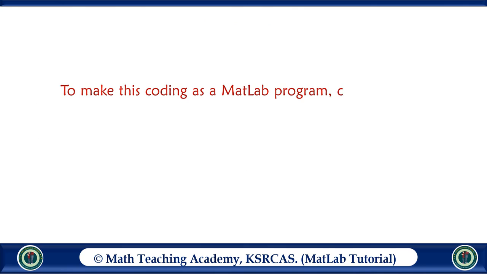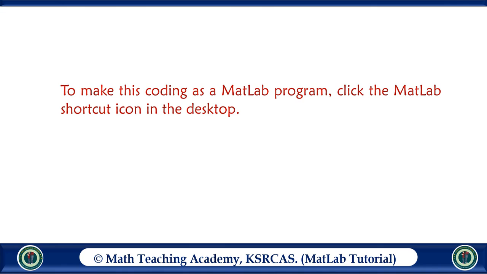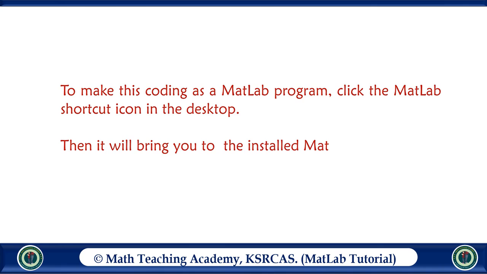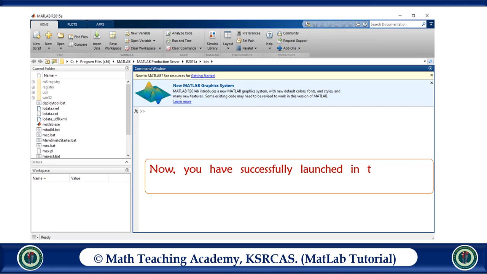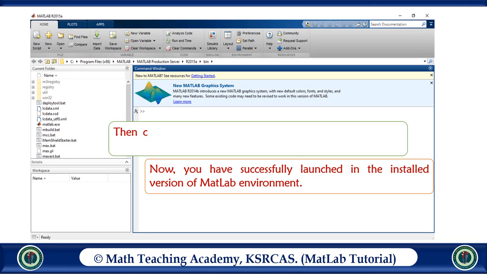To make this coding a MATLAB program, click the MATLAB shortcut icon on the desktop. Then it will bring you to the installed version of the MATLAB environment. Now you have successfully launched the installed version of the MATLAB environment.